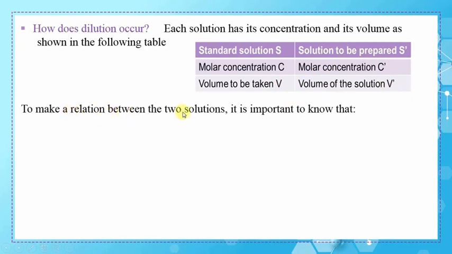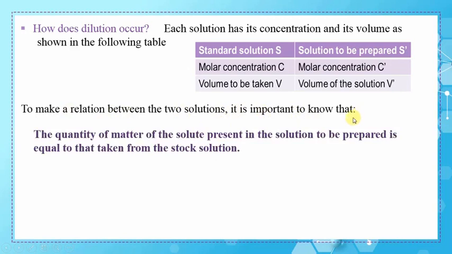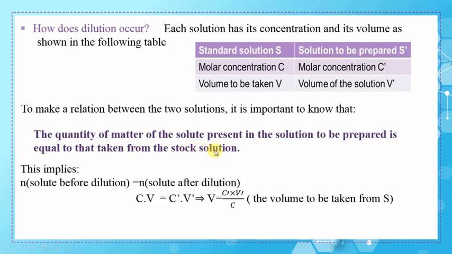To make a relation between the 2 solutions, it's important to know that the quantity of matter of the solute present in the solution to be prepared is equal to that taken from the stock, the initial solution. This implies that the number of moles of the solute before dilution is equal to the number of moles of the solute after dilution.